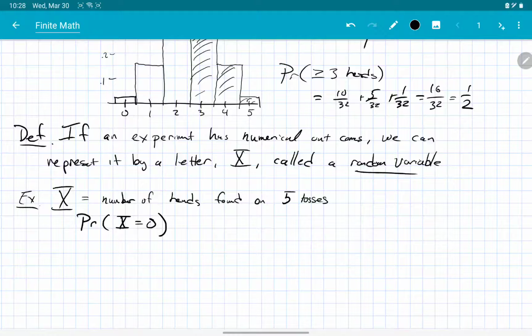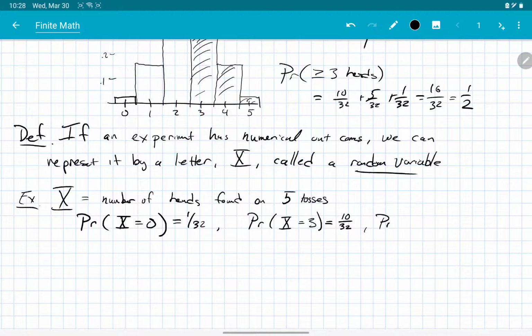This means the probability that we will see 0 heads in 5 tosses. We already calculated that. That was 1 out of 32. Or we could say, what's the probability that X is equal to 3? The probability that we see exactly 3 heads in 5 tosses. We calculated that. That was 10 over 32.